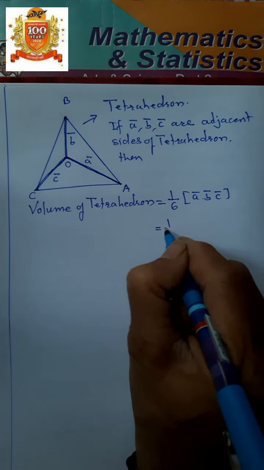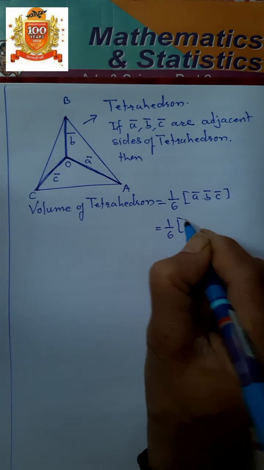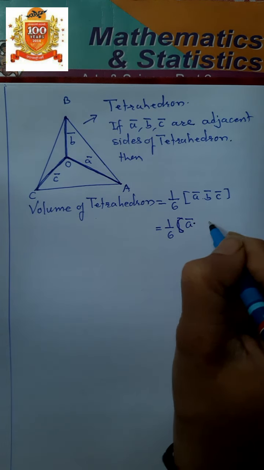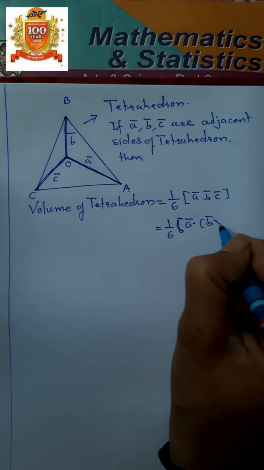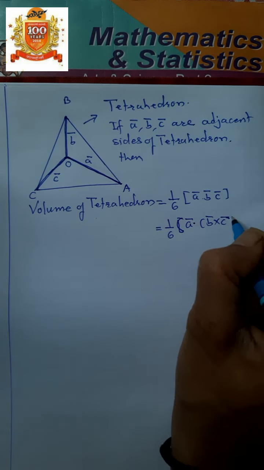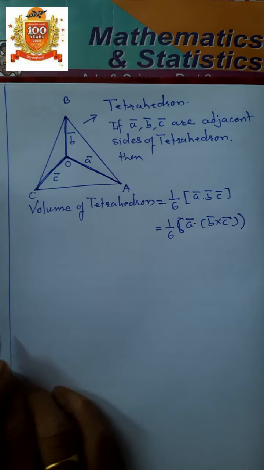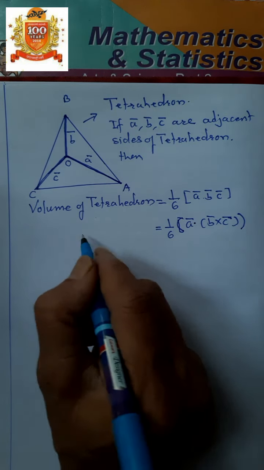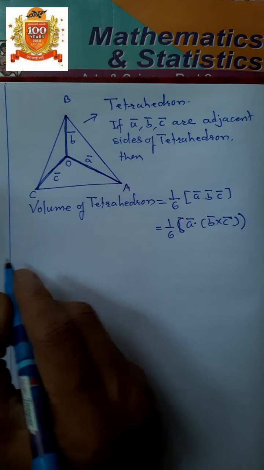That is equal to 1/6 into bracket A bar dot B bar cross C bar, isn't it? By using this formula, we can find the volume of tetrahedron.